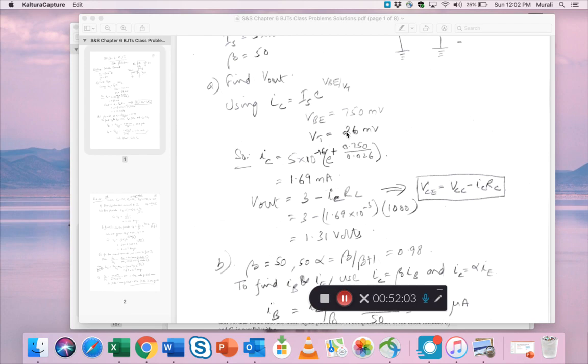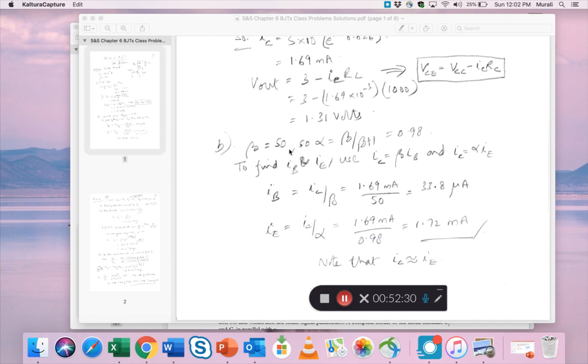If VCE as calculated, which is also Vout here, is greater than plus 0.3 volts, the transistor is in active mode. Another way to say it is, if VCE is greater than or at least equal to VBE, then you don't have to calculate, you can just look at it and say it's in active mode.